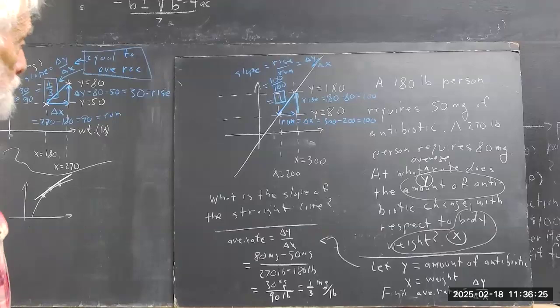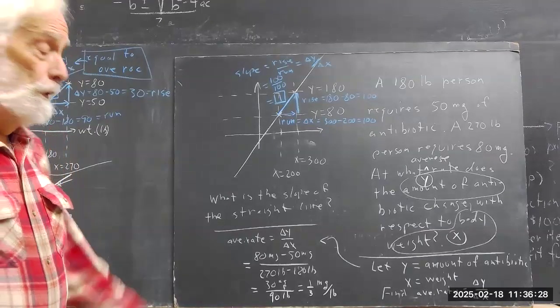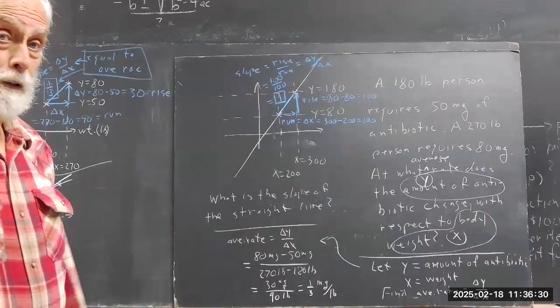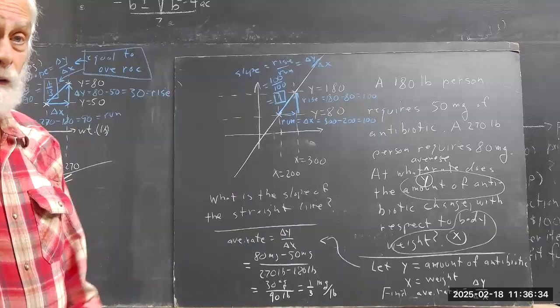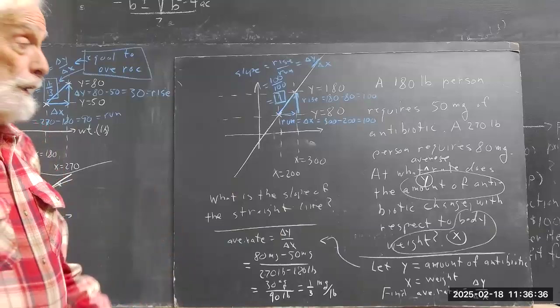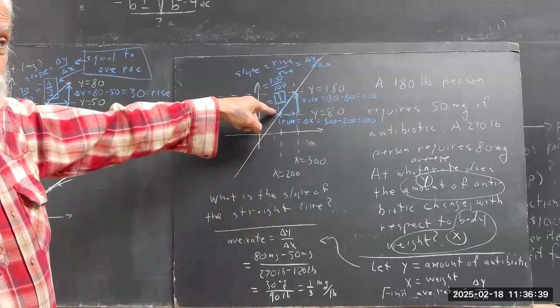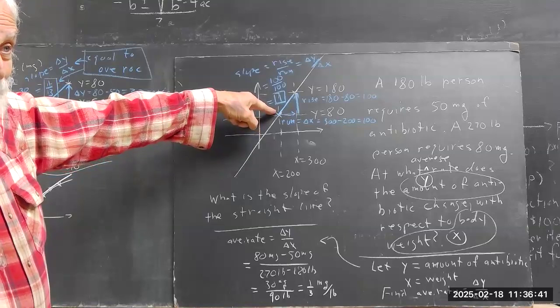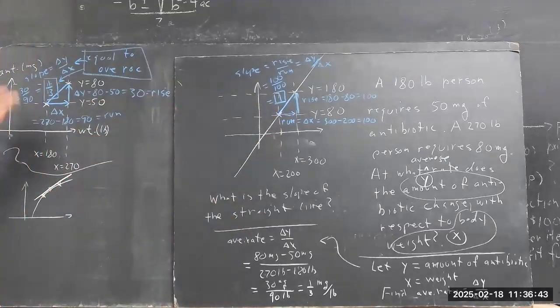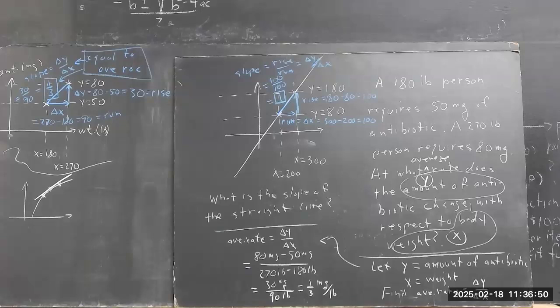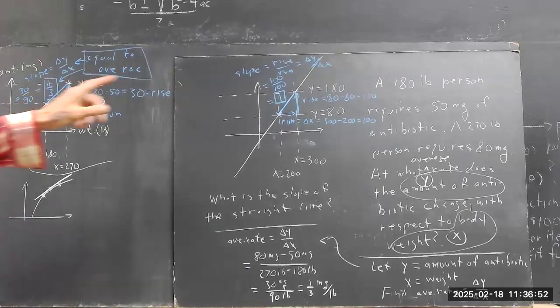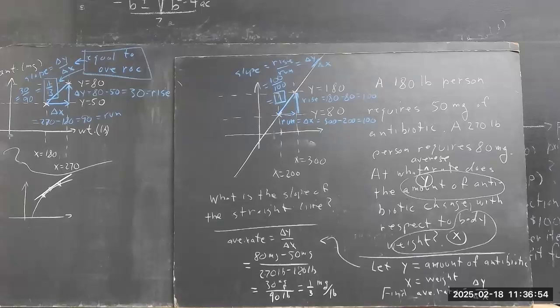Picture, if you're unfamiliar with this picture, could be easy to identify because I put a box around it. It's the only thing that got a box around it, right? Can you identify the slope here? You know, fundamental triangle.